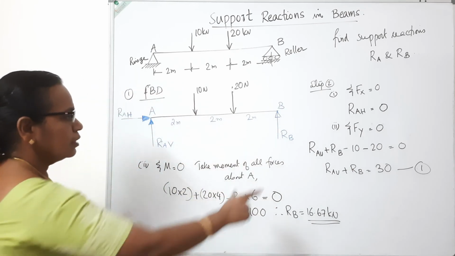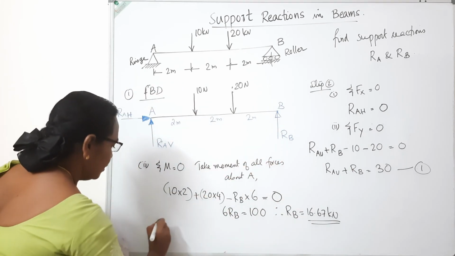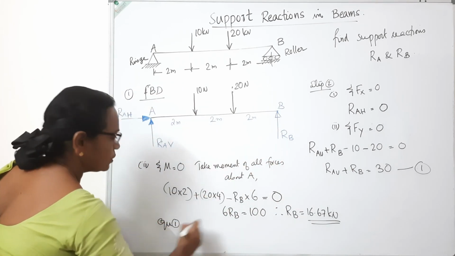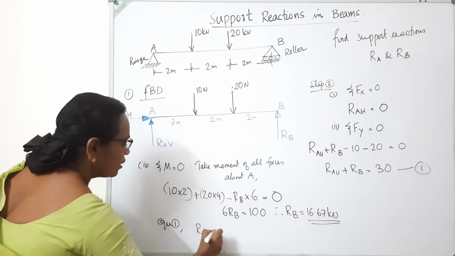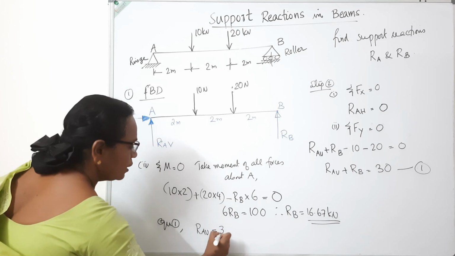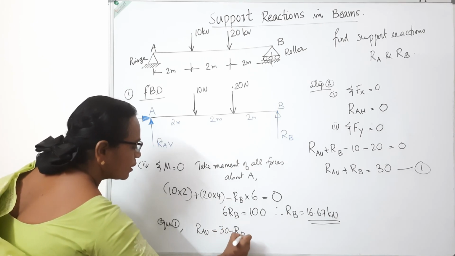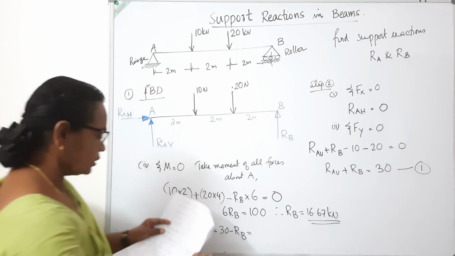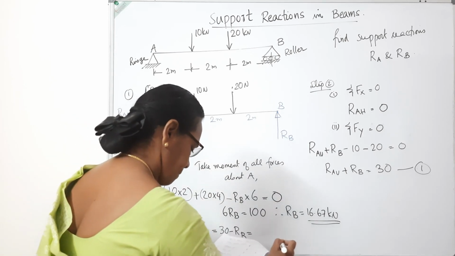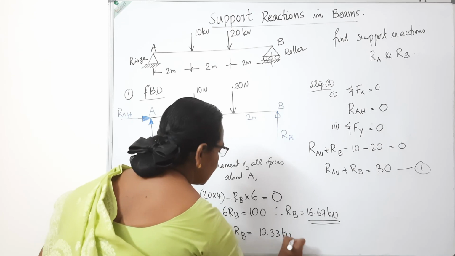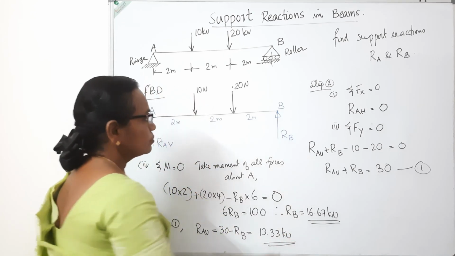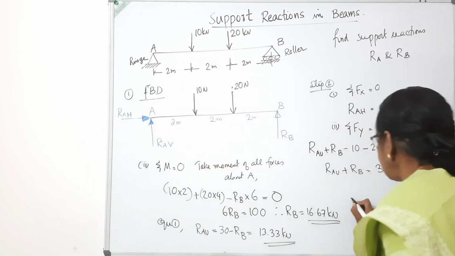Once you get RB, from equation 1, substitute this RB there. RAV is equal to 30 minus RB. So that's equal to 30 minus 16.67, 13.33 kilonewton. So for the final answer, you have to mark it in the figure.